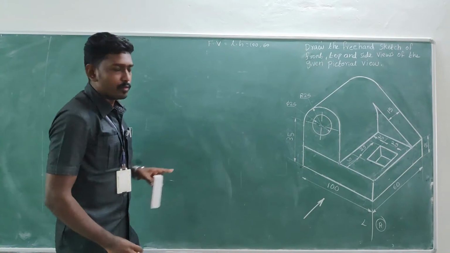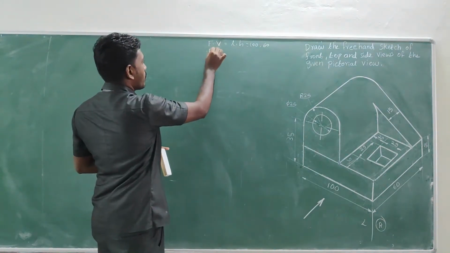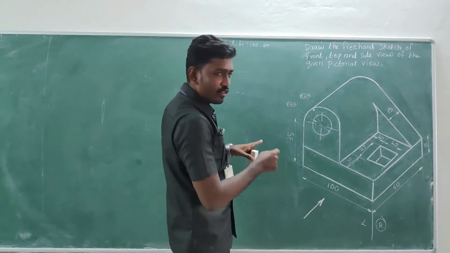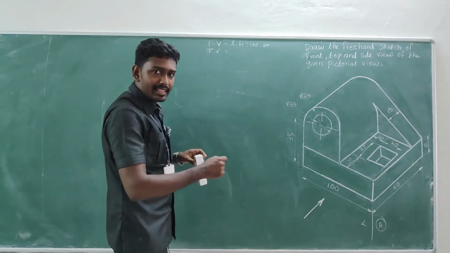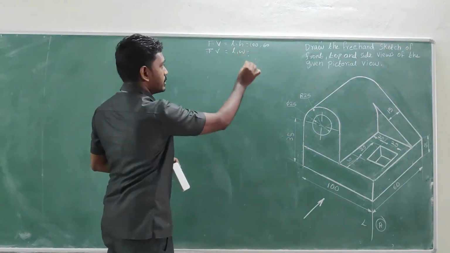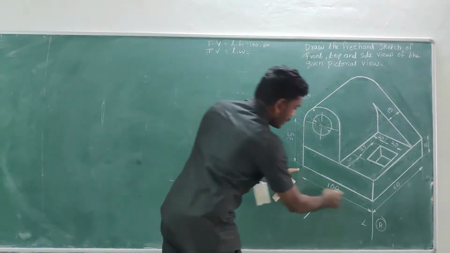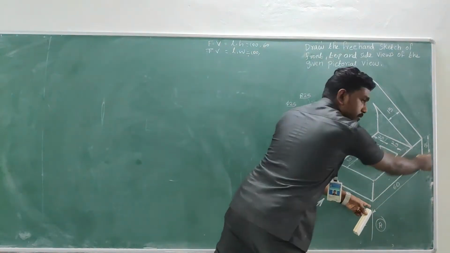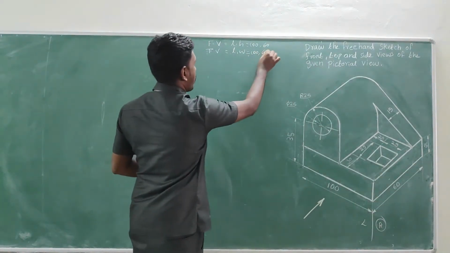What about the top view boundary measurement? The top view captures the length as well as the width of the object. What about the length? 100. What about the width? Which is 60.